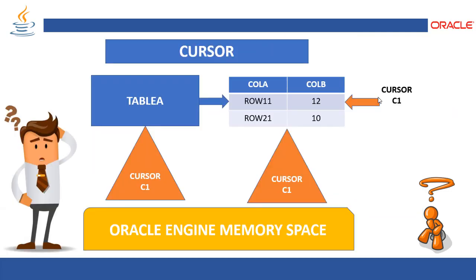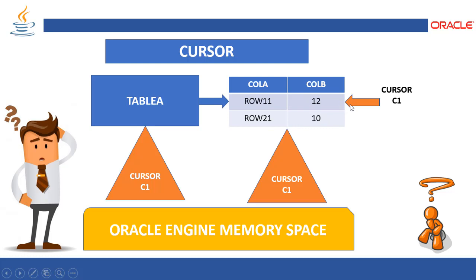To understand it better, take a look at this picture. In a database, we have data in tabular form. This is table A, where we keep our values in a tabular form, like column A, column B, row 1, and some values. This is our data.